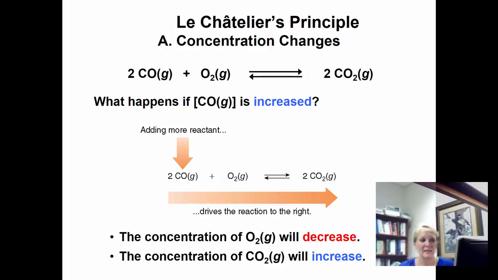If you look at this reaction and we increase CO concentration, the reaction shifts to the other side. That means we now have less oxygen and more product, CO2 molecules. Chemists can use this to our advantage because a lot of times we want to make more product, so we can increase concentration and other factors and get more product.